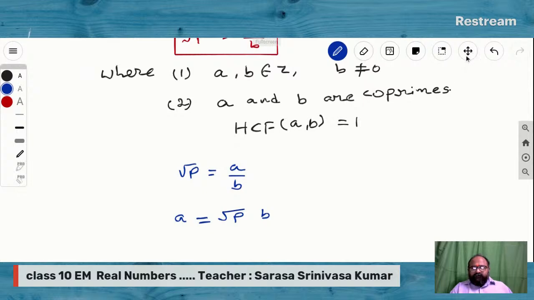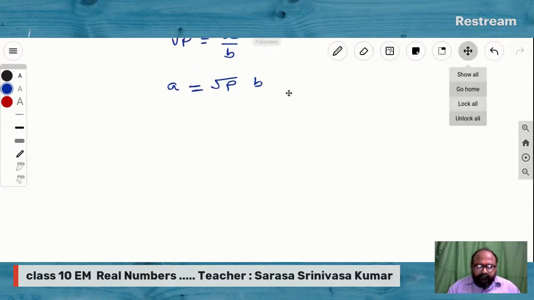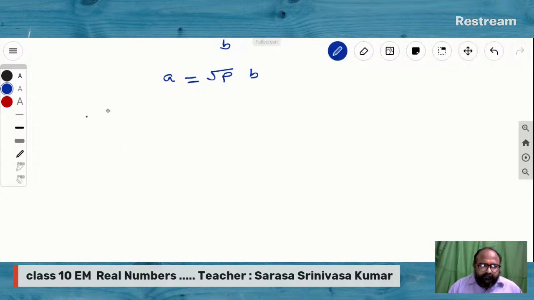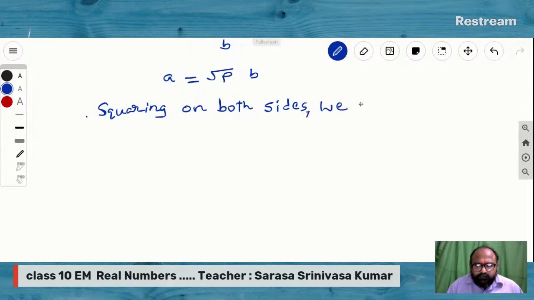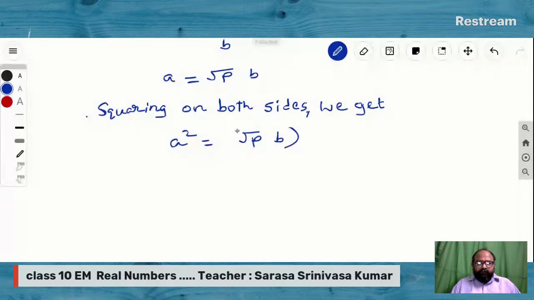Squaring on both sides, we get a square equal to square root of p b whole square, that equal to square root of p whole square b square equal to p b square.